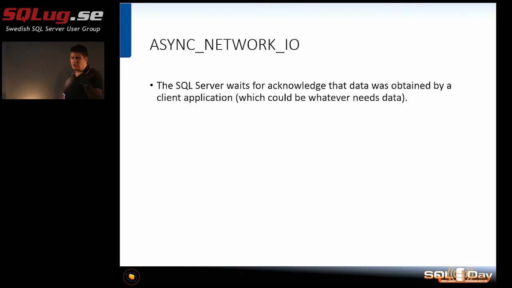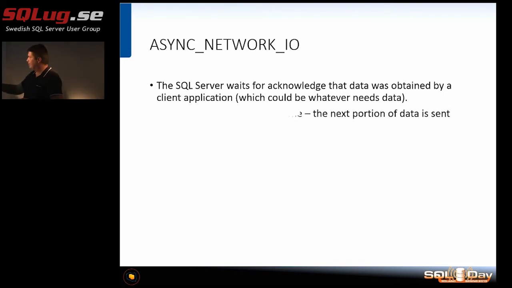So we just run the query, we have the result, we'd like to send it to the client application, and SQL Server is sending. Whilst it's sending, it has to set the async network I/O wait, and it is waiting for acknowledgement from the client application that it can send another portion, because the data are sent in packets, yes? Not the whole result, but in packets.